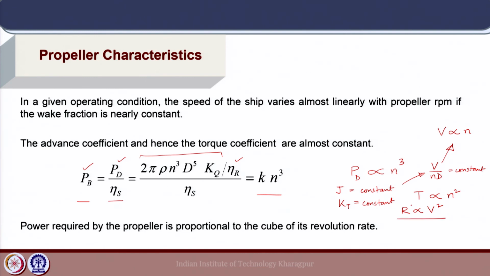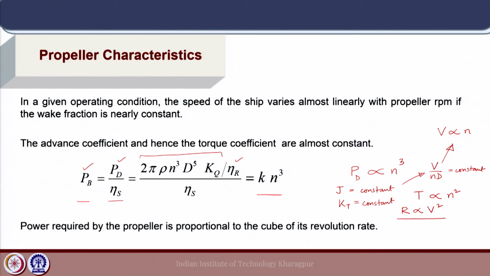Now, considering that the thrust deduction does not change much, we can write that finally the resistance will be proportional to the velocity square. Now, this is a reasonable assumption for a specific displacement range considering a particular ship type.